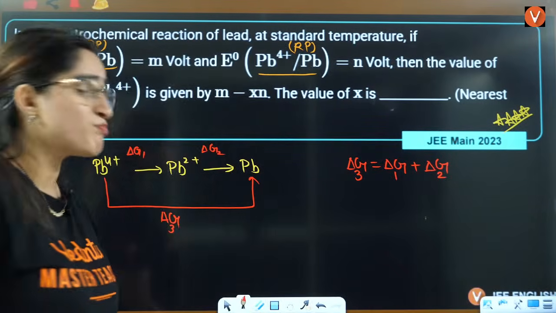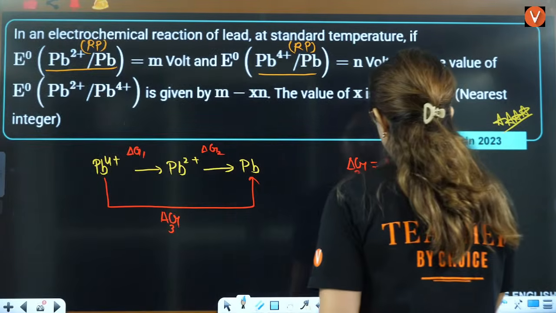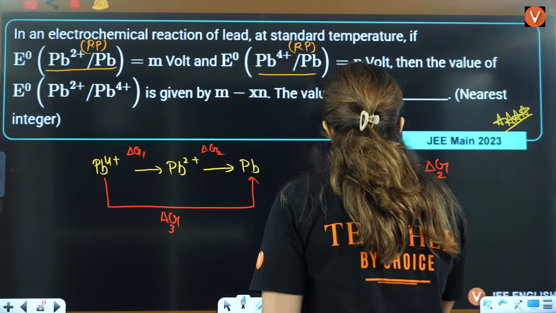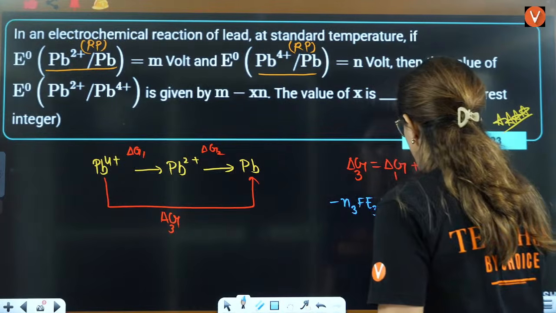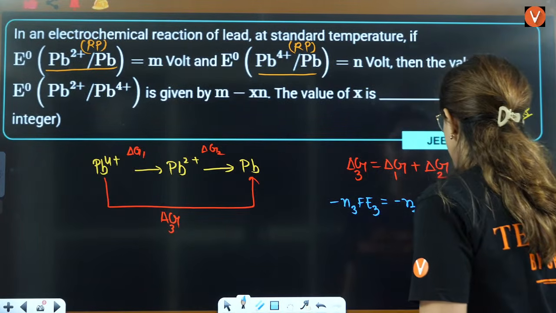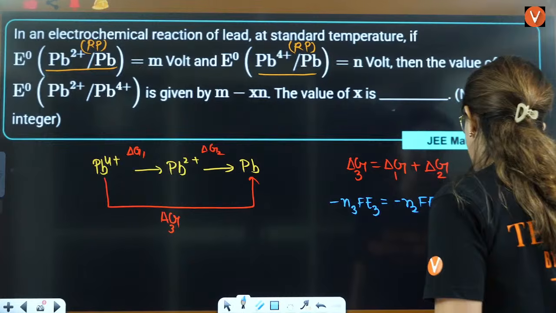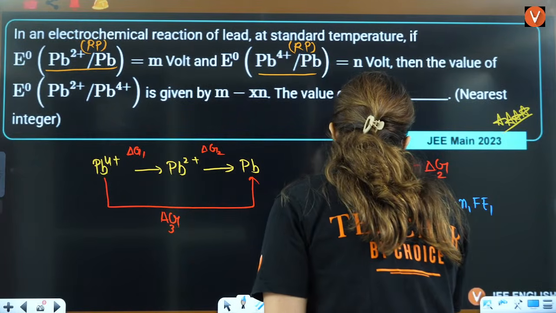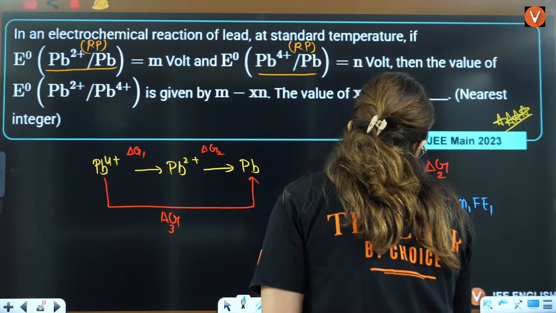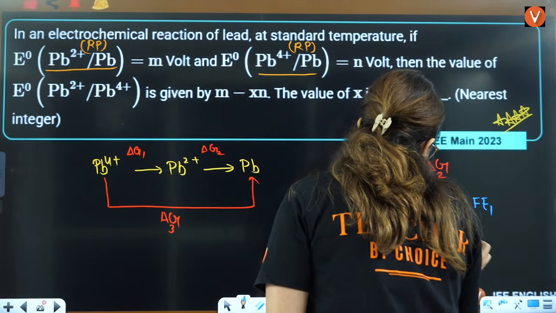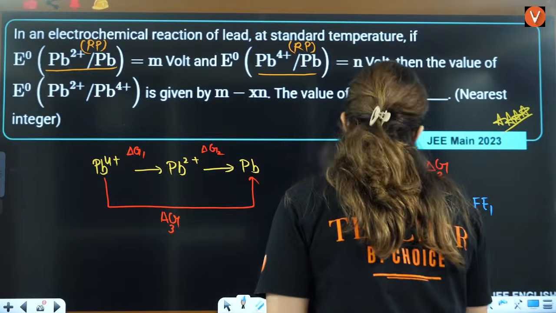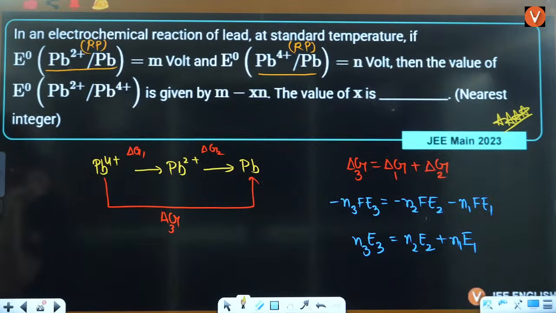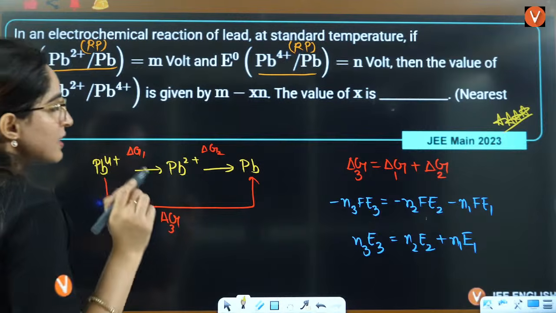Delta G is equal to minus nFE, so minus n3FE3 equals minus n2FE2 minus n1FE1. When you solve this, n3E3 equals n2E2 plus n1E1.